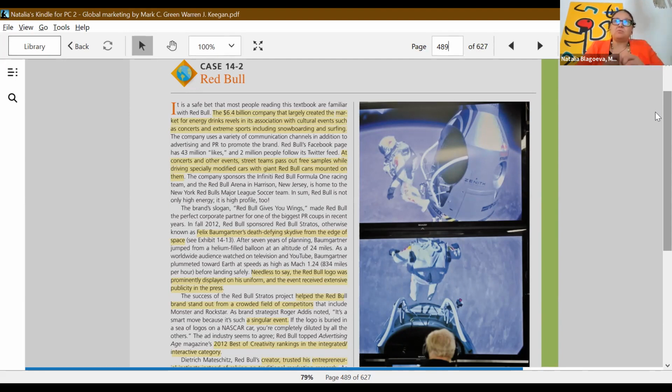Such a unique approach to the whole business strategy and the whole marketing strategy is also demonstrated through the choice of marketing communication methods.